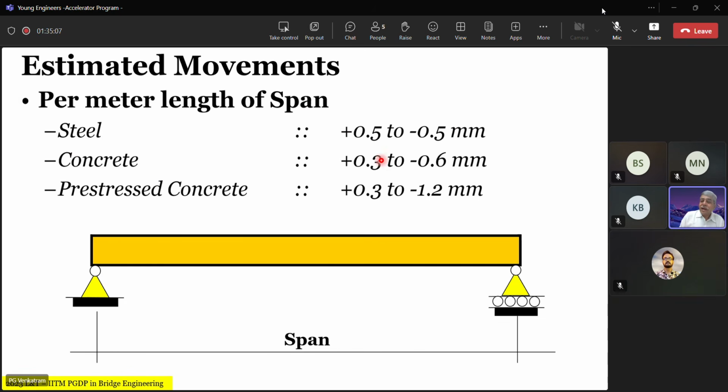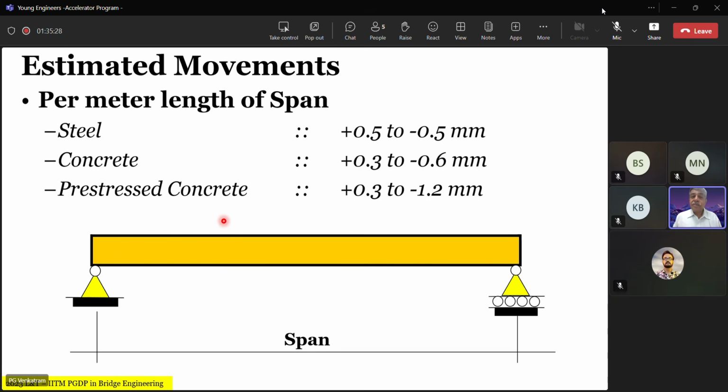It is a little higher, because in addition to thermal movements, you end up having in the negative direction something called a shrinkage phenomenon. So therefore, you end up having something like 0.3 millimeter per meter expansion to about 0.6 millimeter per meter contraction. Sorry, not compression, contraction. I'm also making the wrong choice of word.